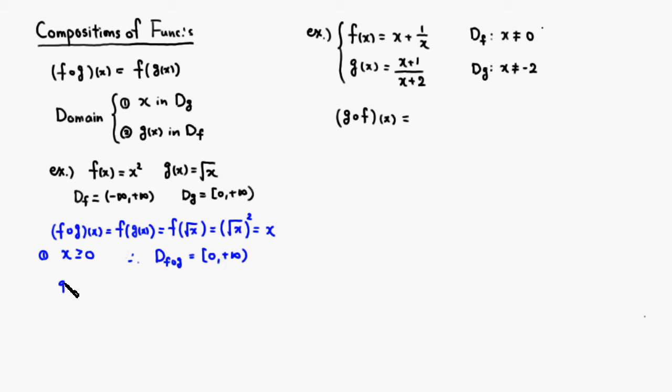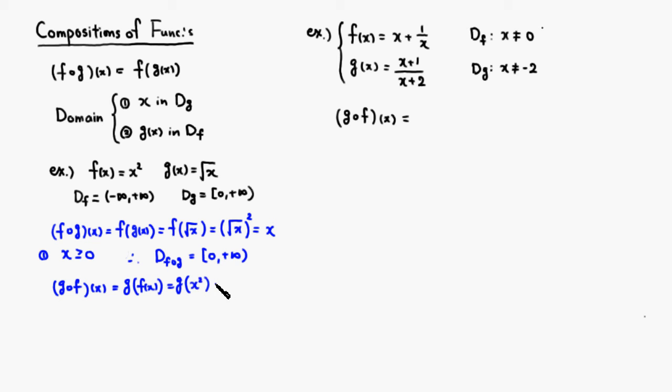Alright, how about g of f? Let's find g of f of x. This is going to be equal to g of f of x. So f of x is x squared, so it's going to be g of x squared.